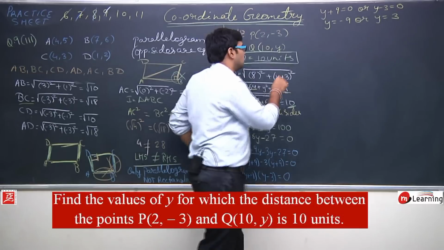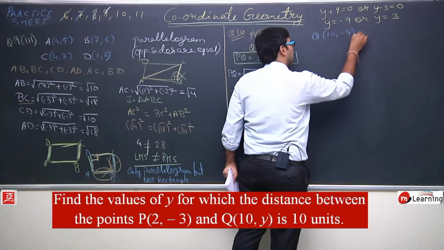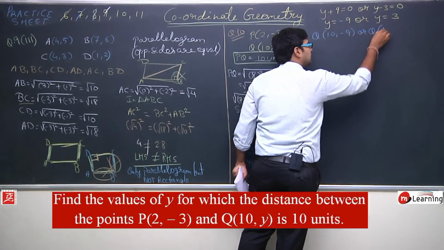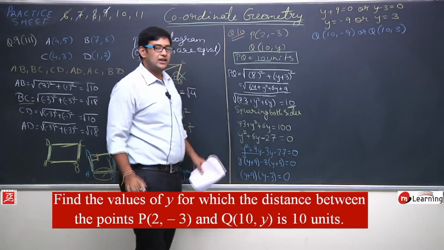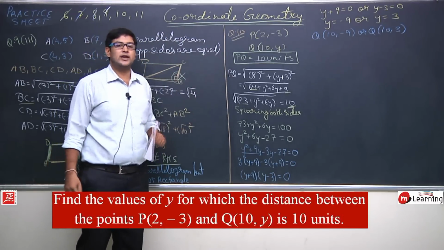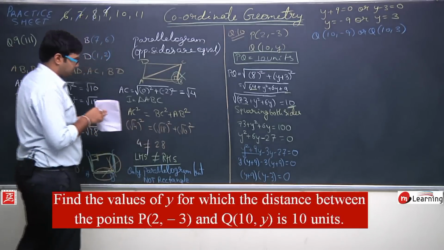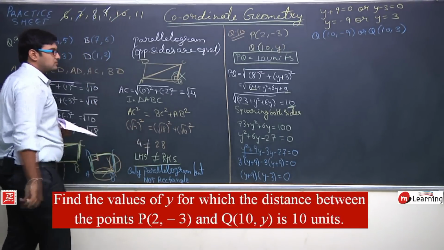So what can Q be? Q point can be (10, minus 9), or Q point can be (10, 3). So the values of y are minus 9 and 3. These are the two values that we are going to have. So this is the solution for question number 10.